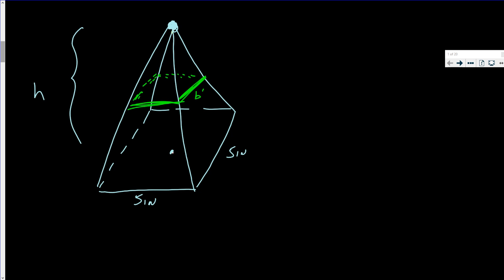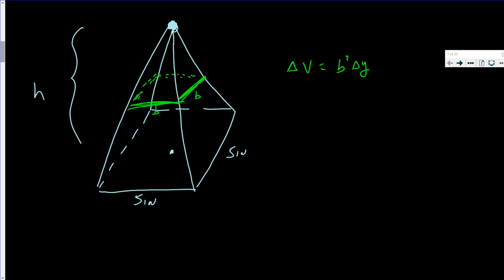So that's a B prime, well, let's call it B. That's B and that's B. So now the delta volume, that piece of the volume, will just be B squared times the thickness, which is delta Y. Okay, that's going to be B squared times delta Y.